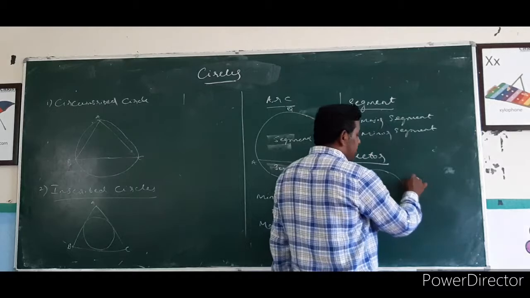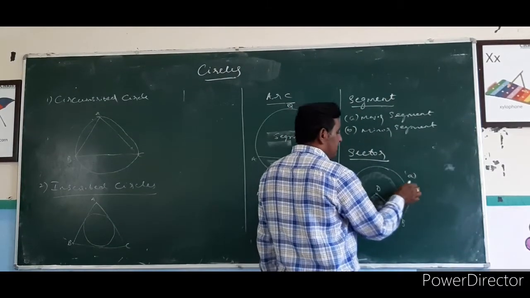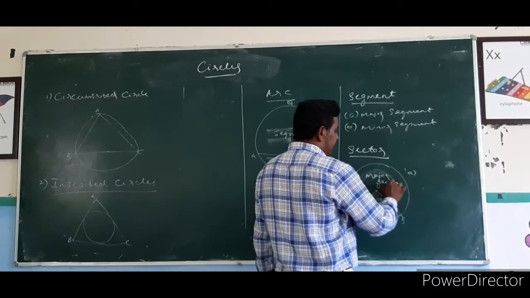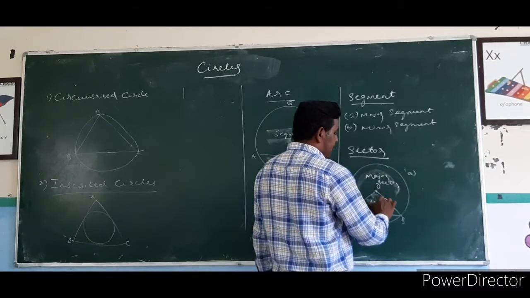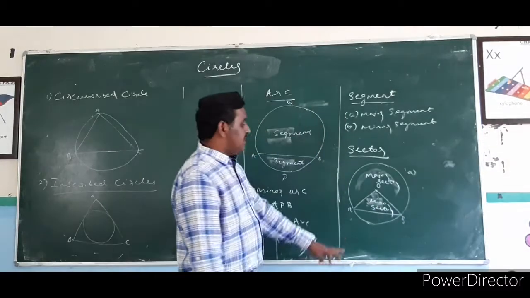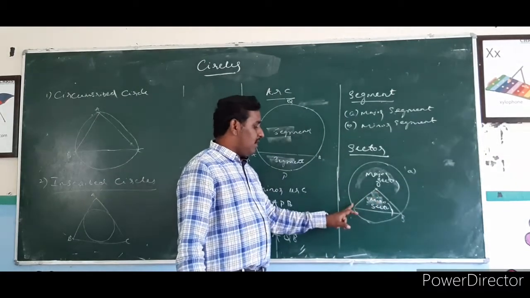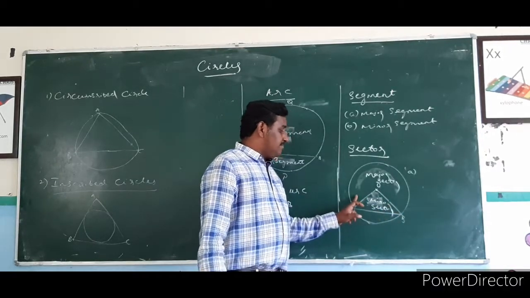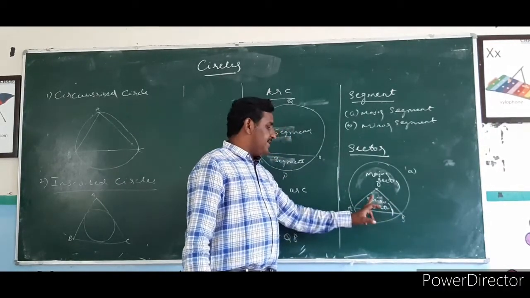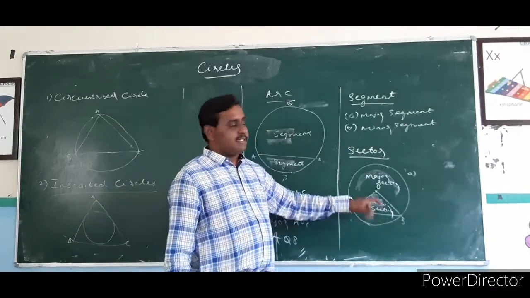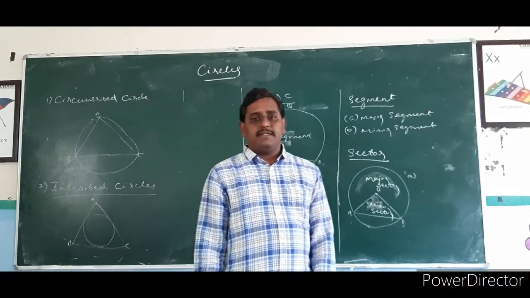Here also there are two parts: this is my major sector, and this is the minor sector. The region between the arc and the two radii is called a sector. The smaller is called the minor sector, the bigger one is called the major sector.